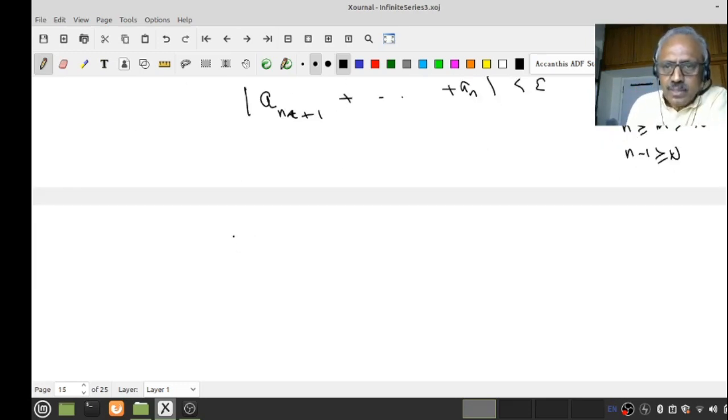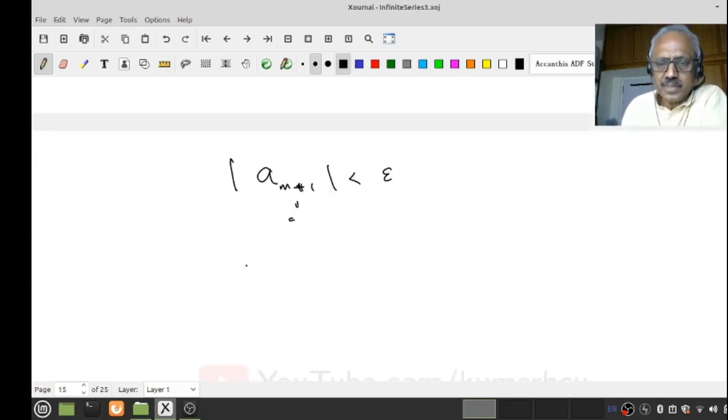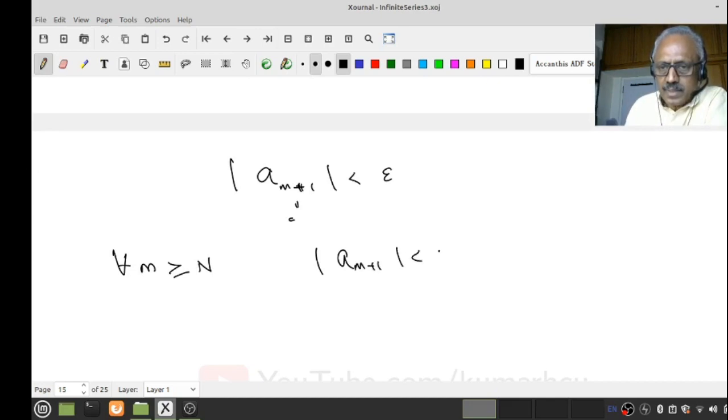Then what will happen? I have only a_{m+1}, that's it, which is already a_n. That should be less than epsilon. Okay, what does it mean? That means for every m greater than or equal to N, mod a_{m+1} is less than epsilon. Are you following?